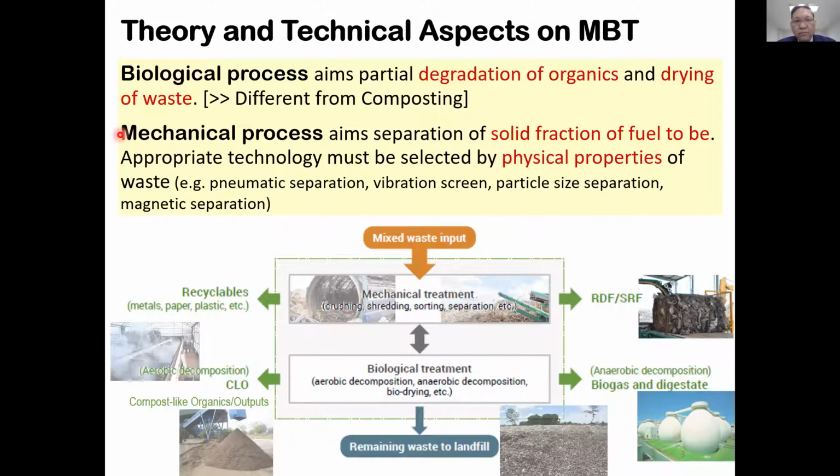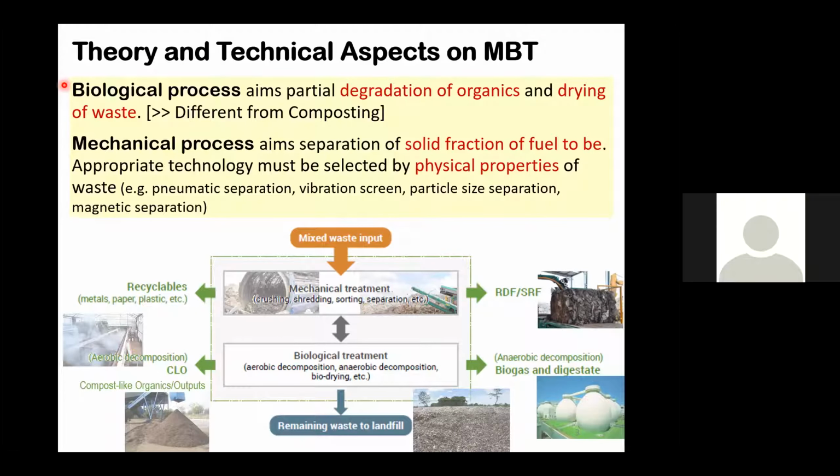And each process includes several kinds of technology for treating the waste. Biological treatment generally includes technologies such as aerobic decomposition, anaerobic digestion, or bio-drying. This biological process aims at partial degradation of organics in the waste and also at drying the waste.